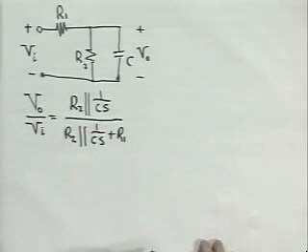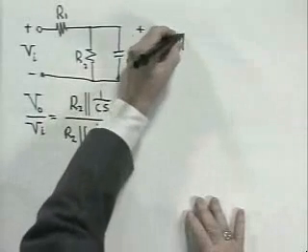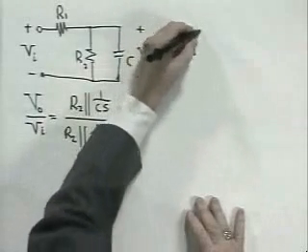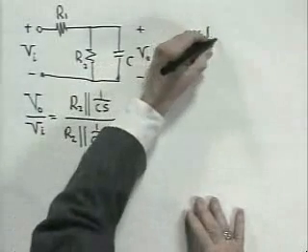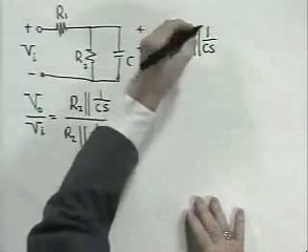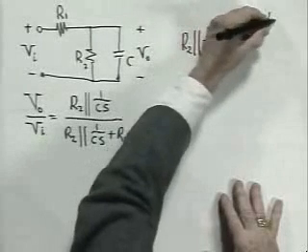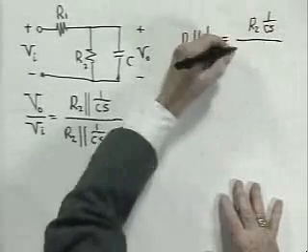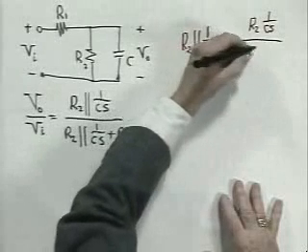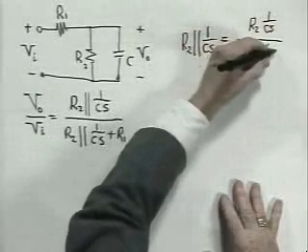You do that just as you would for a resistive voltage divider. You combine the two elements in the lower arm into a parallel combination and write it down. To be clear, what I mean by R2 in parallel with the impedance of the capacitor, 1 over CS, is the product of those impedances, R2 times 1 over CS, divided by R2 plus 1 over CS.